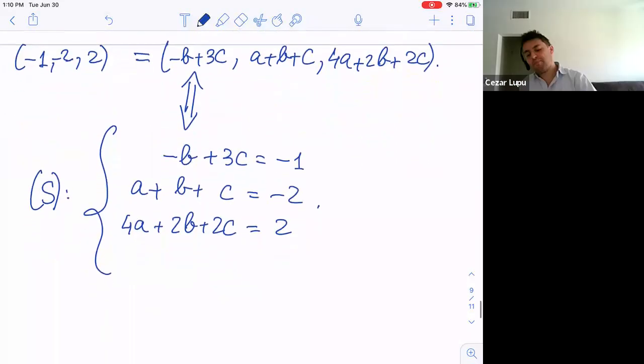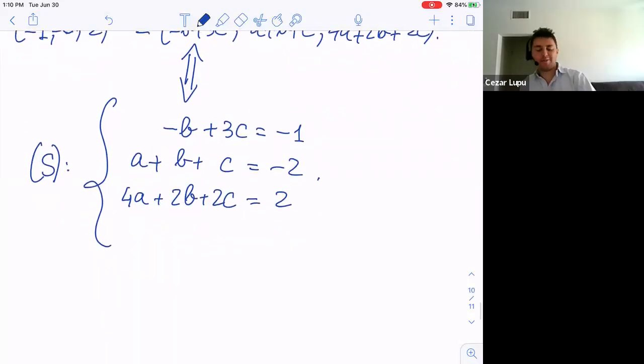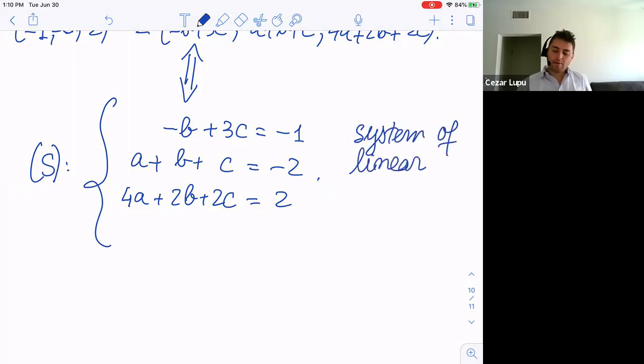What did we obtain? Can you tell me what this is? A matrix? Not quite. Look at it. It's a system of linear equations, right?